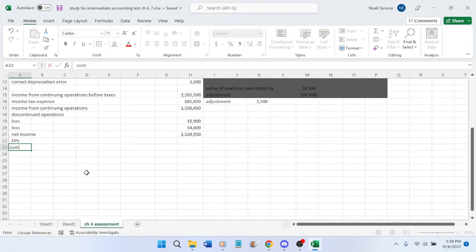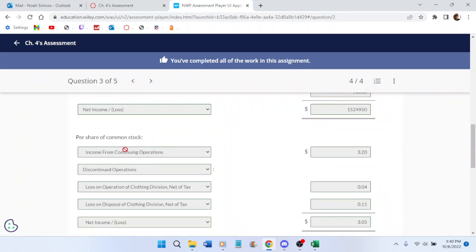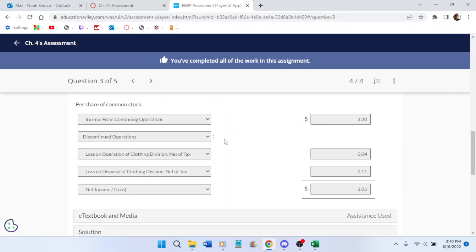So continuing, discontinuing. Okay, what the heck? Net income. Right, that's all 3 I need. Discontinued, loss. They did it for each one specifically? Oh my gosh.